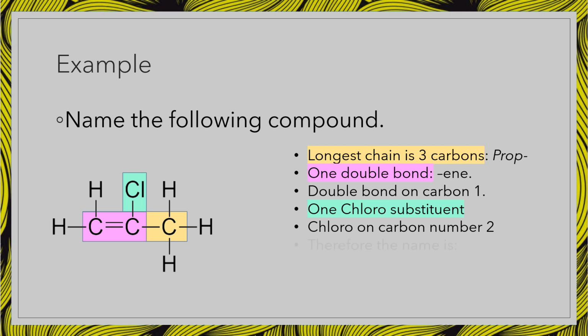Now, the way that we name it, firstly, we do the number for the chloro substituent, so it's going to be 2-chloroprop-1-ene. Okay, so see how we got that? The double bond, so the -ene, is on carbon number 1, chloro is on carbon number 2, and it's a prop because we've got 3 carbons.